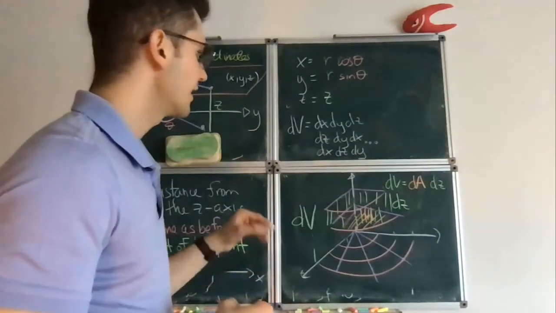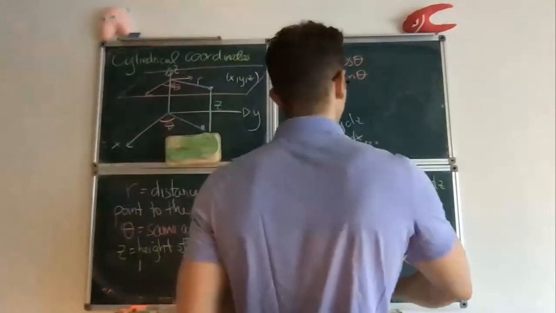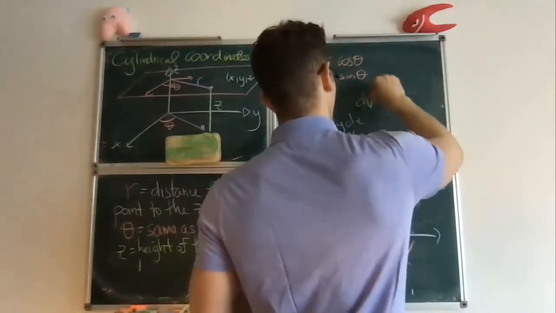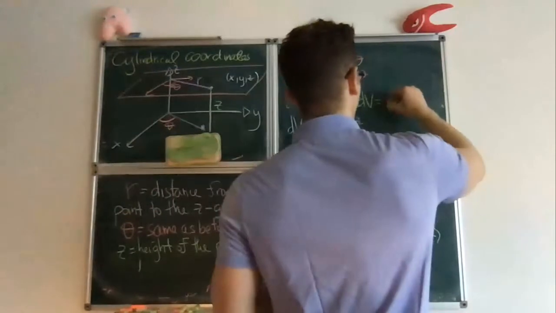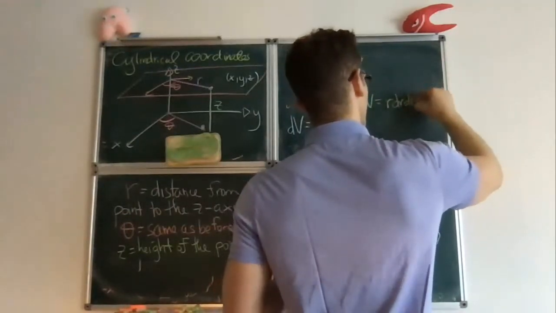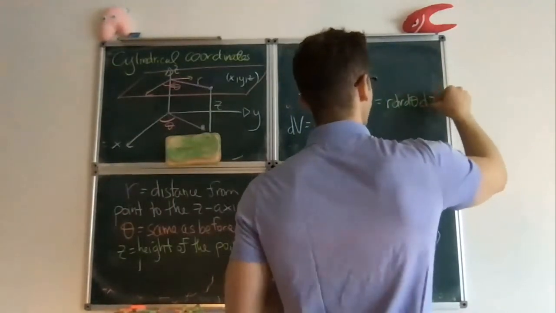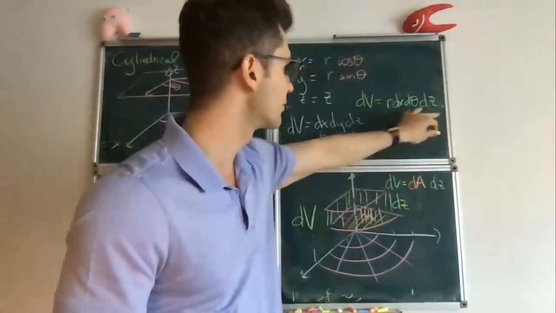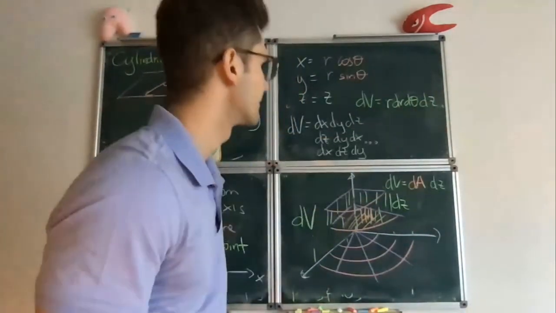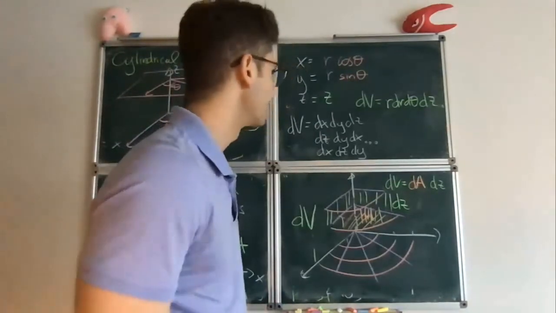What I'm saying now is that for cylindrical coordinates, the dV is just r dr d theta times dz. So I'm just saying you take the area from polar coordinates and move it around by some height dz. So that's how you get the volume.